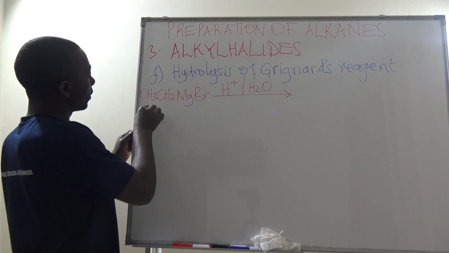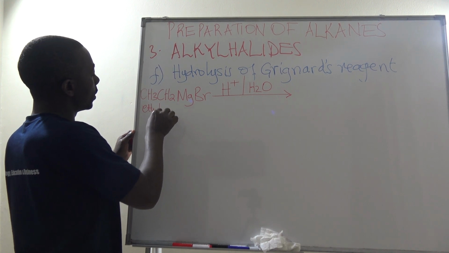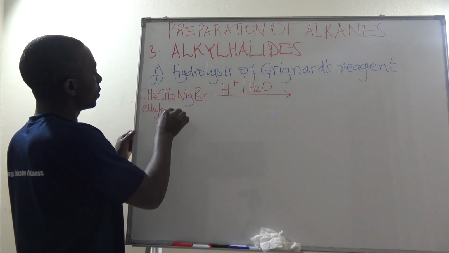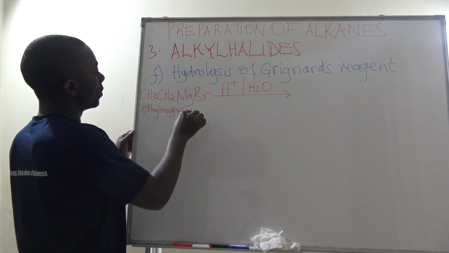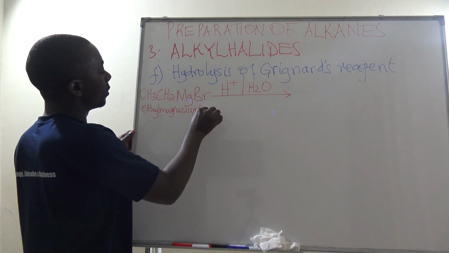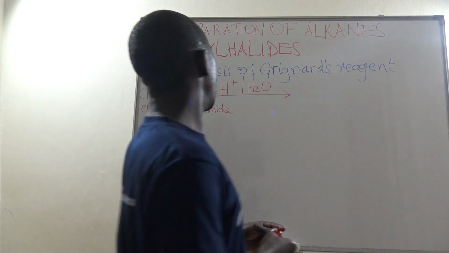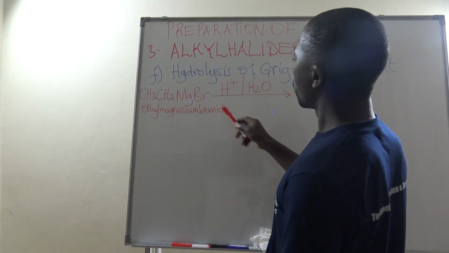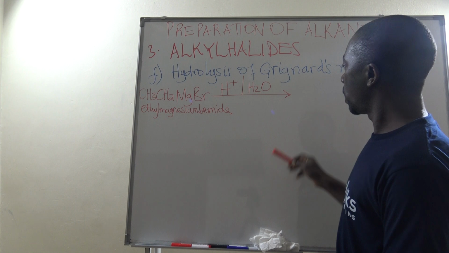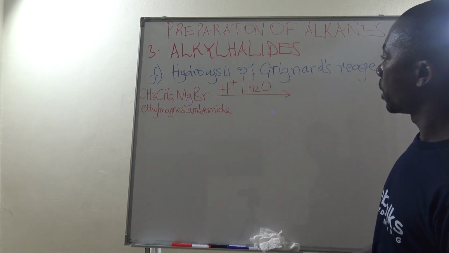So this is ethyl magnesium bromide. When I hydrolyze it, I should be able to obtain an alkane.